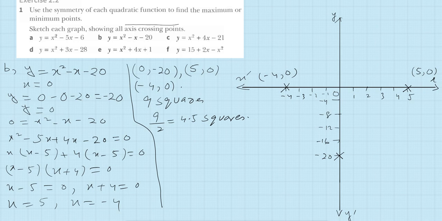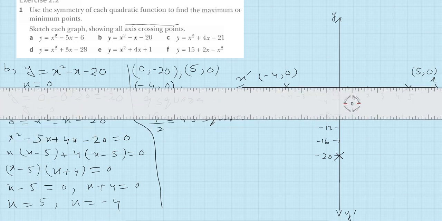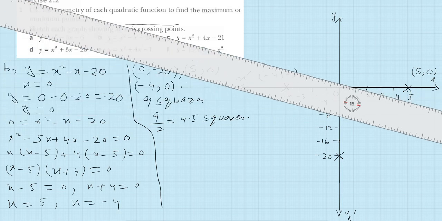I am counting from the left hand side. 1, 2, 3, 4, and this is 4.5. This one, this point. So I am drawing a line on this 4.5 square position.